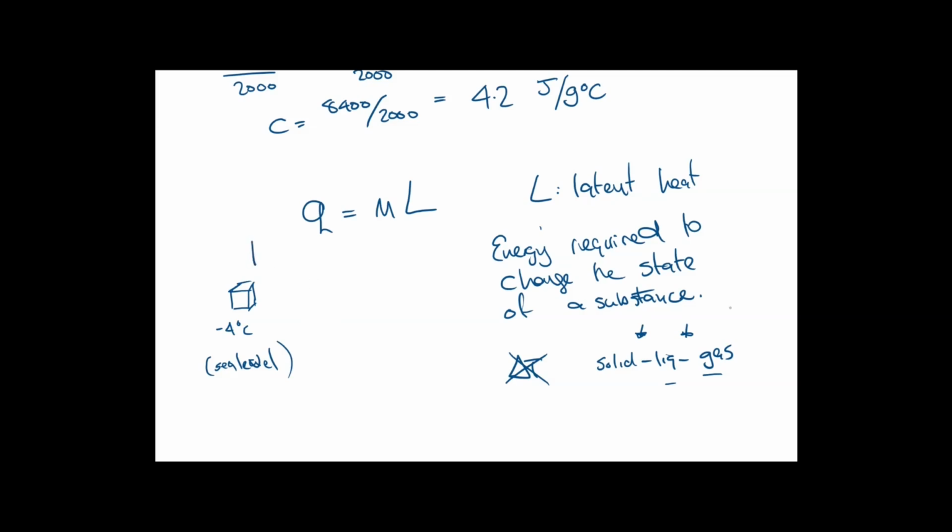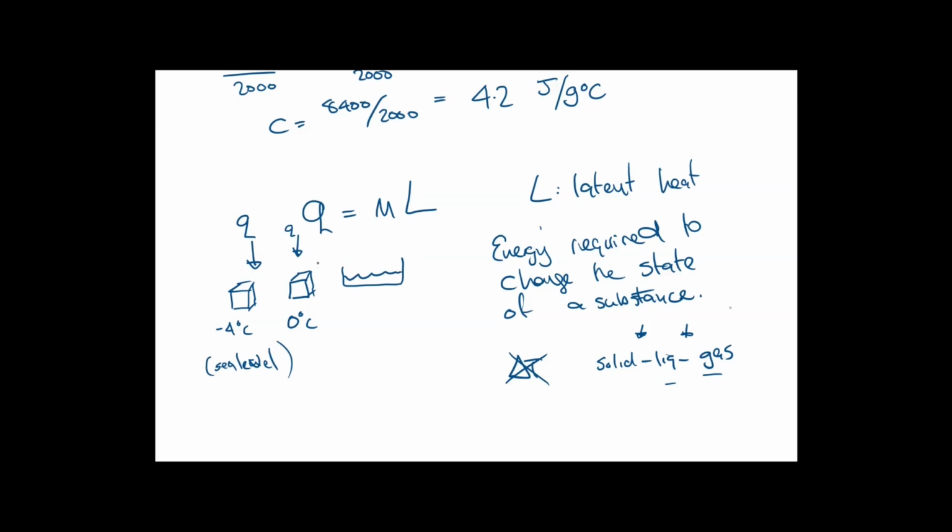So we have to put in thermal energy to take it to 0 degrees Celsius. Now it's not going to just instantly become water. We're going to need to keep putting some energy into it, and then it's going to become a liquid.